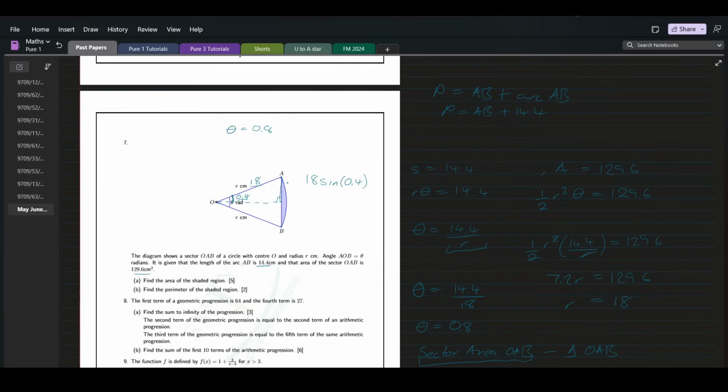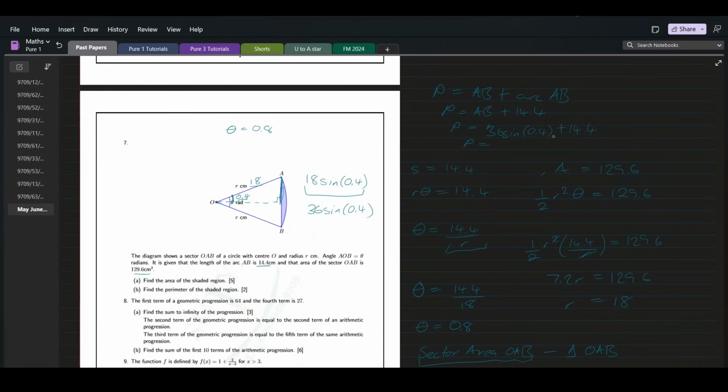Okay, but we want the length of AB. What we have found here is half of AB, so it means we're going to multiply this expression by 2. So AB would be 36 sine 0.4. So we can come and say perimeter is AB, which is 36 sine 0.4 plus 14.4.